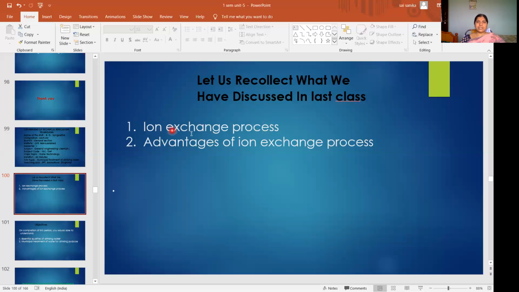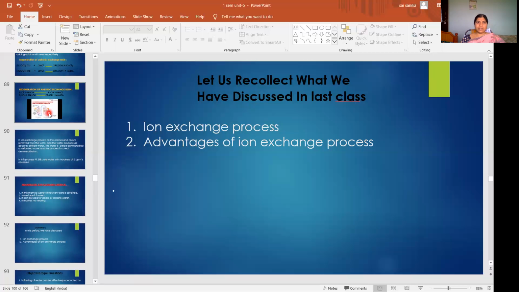The exhausted resins are regenerated by passing dilute acid and dilute basic solutions. By adding HCl solution, acidic resin is regenerated, and by adding basic solution, basic resin is regenerated. So this is the ion exchange process we discussed.